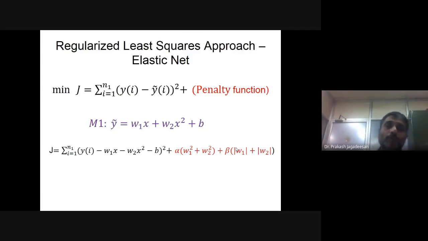Using this regularized least squares approach or the ordinary least squares approach, one can estimate the unknown parameters W1, W2, and B. Irrespective of whether we use the conventional least squares approach or the regularized one, that is ridge, Lasso or elastic net, the number of parameters to be estimated is the same. There are 3 parameters, W1, W2, and B, associated with the model structure.